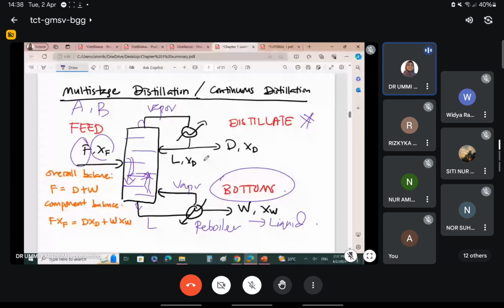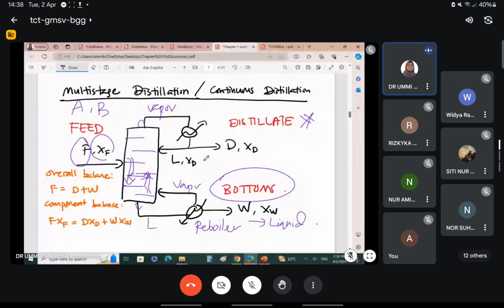Kalau boiling point dia lebih kurang sama A and B, dia tak boleh terpisah. Itu adalah kes apa tu namanya? Azeotrope. Azeotrope dia kena pisah dengan cara azeotropic punya condition lah. So ini boiling point yang jauh. Contoh nak pisahkan water dengan apa? Ethanol. Berapa boiling point ethanol? Lupa saya. So dia boleh terpisah lah maksudnya.